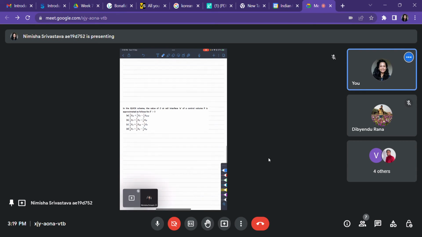In the QUICK scheme, the value of phi at the cell interface E of a control volume P is approximated as follows for f greater than 0. So in this case, we are doing some upwinding over here where f is greater than 0. So what is the answer for this?